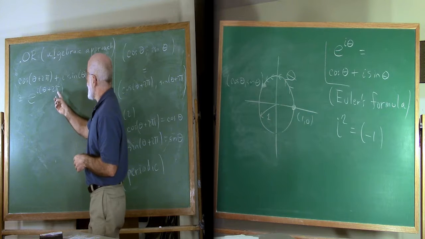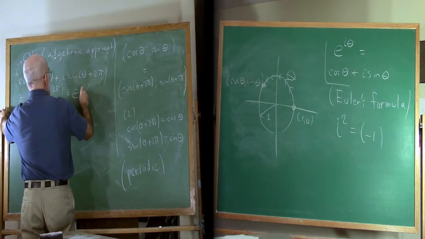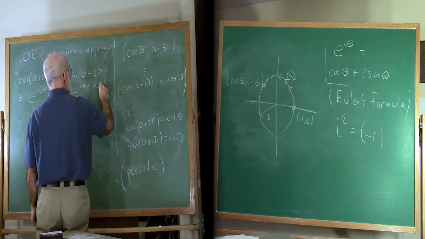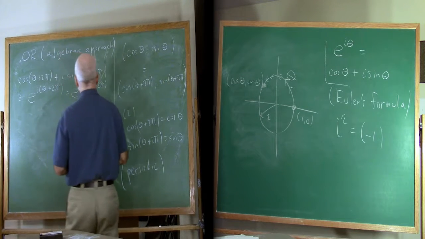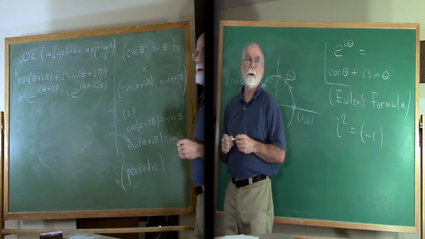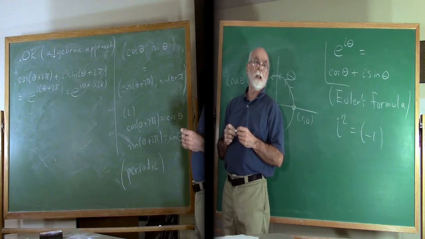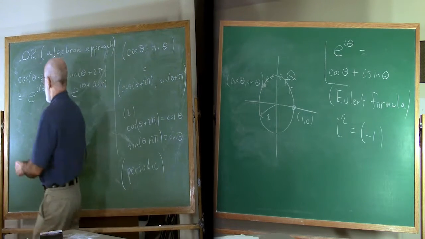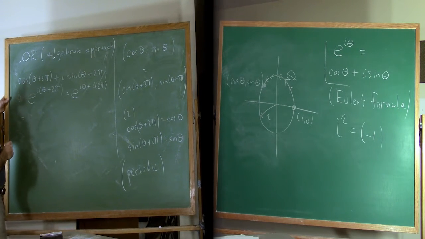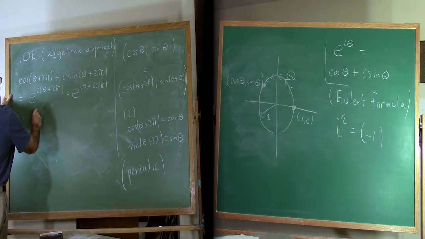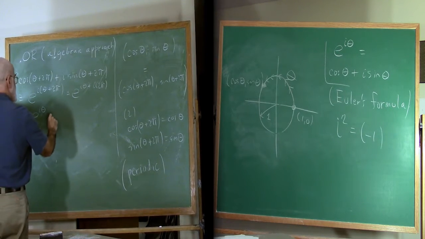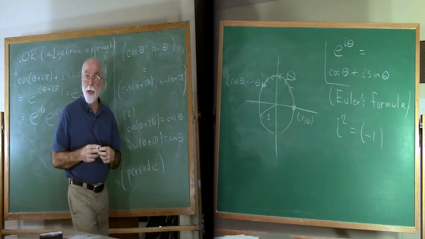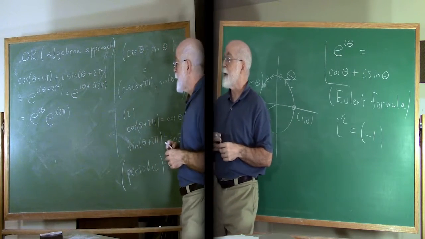Let's distribute the i through. We've got in the exponent i theta plus i 2 pi. There's the exponent law that I need. Adding the exponents corresponds to multiplication down here at the e level: e to the i theta times e to the i 2 pi.